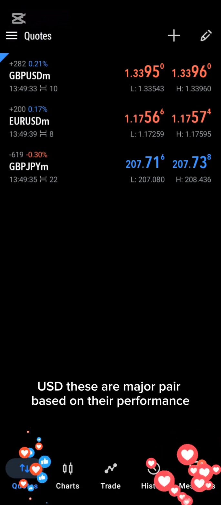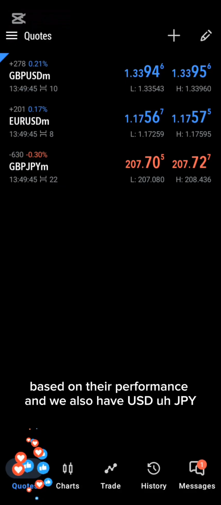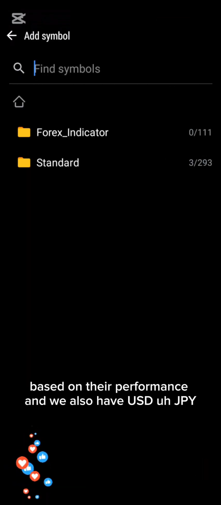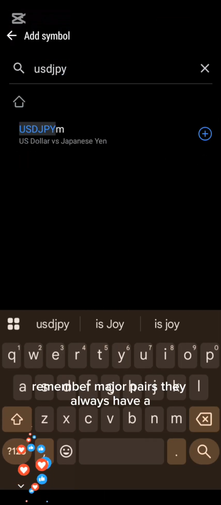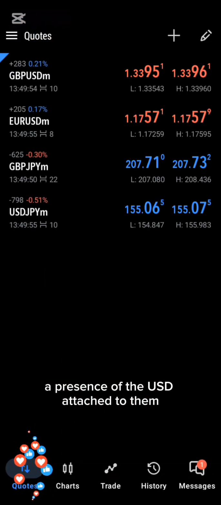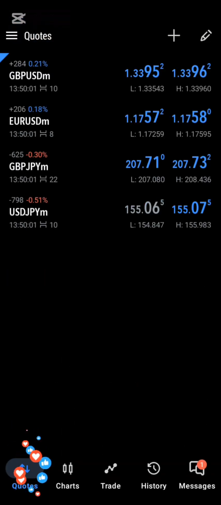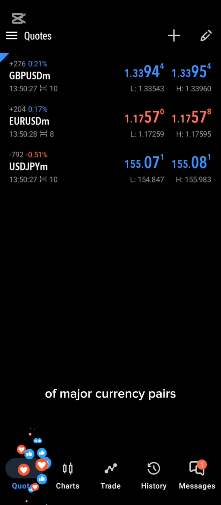These are major pairs based on their performance. And we also have USDJPY. Remember, major pairs always have the USD attached to them.